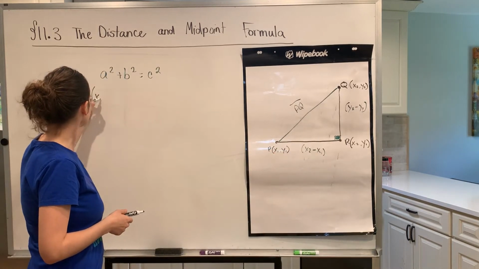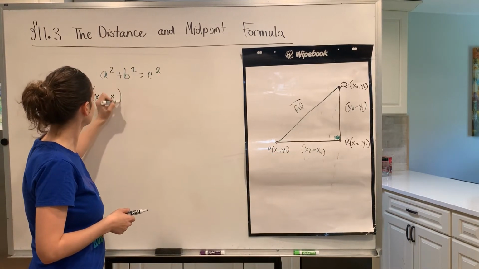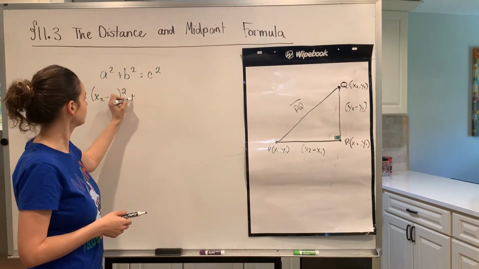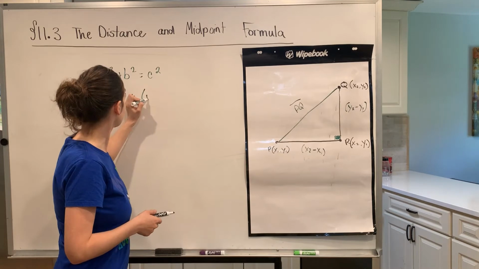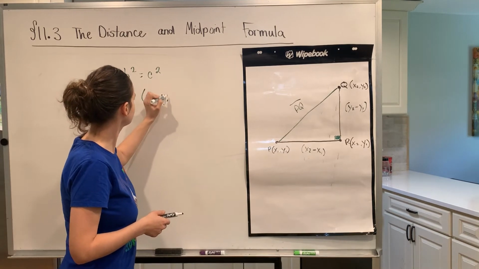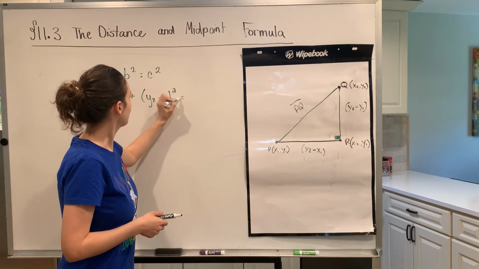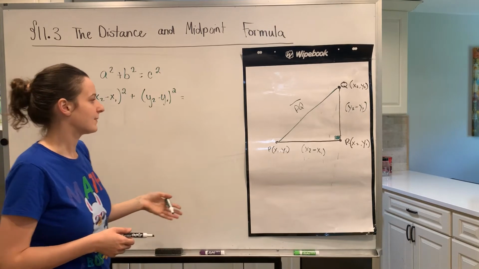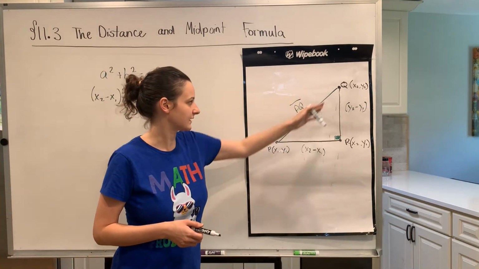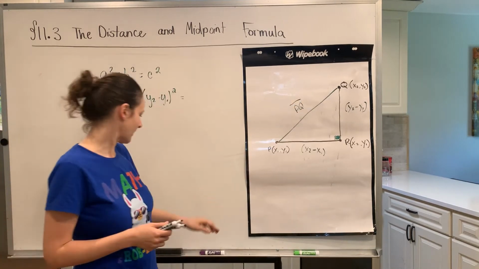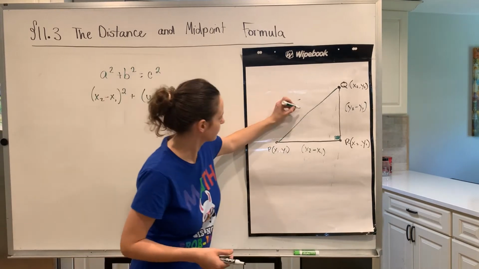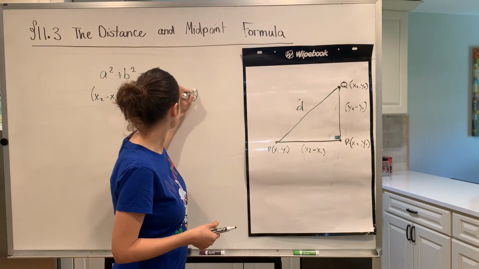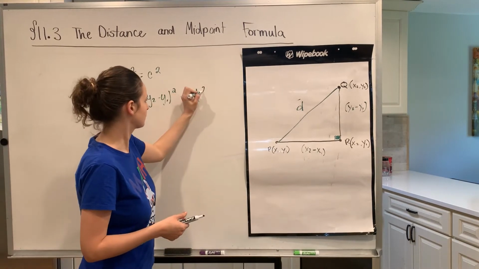So I'll plug that in here, x2 minus x1, square it, plus my second leg, which is y2 minus y1, square it. And that's going to be equal to my hypotenuse here, which is the distance that I'm looking for. And actually, since we're deriving the formula, I'll just go ahead and call this the distance, which is d. So that's going to be equal to my distance squared.